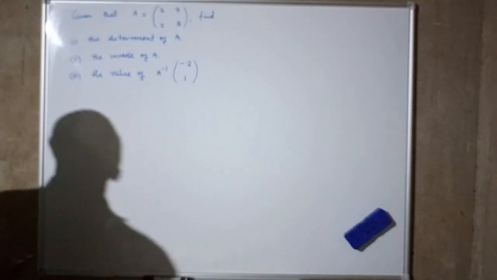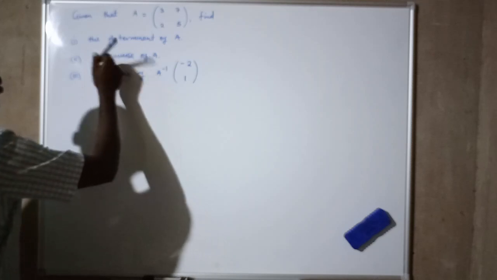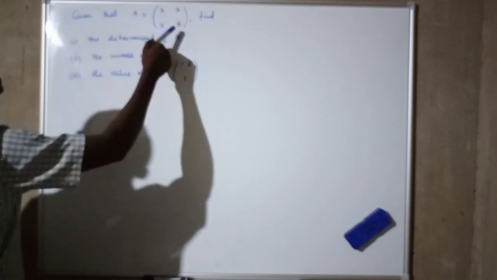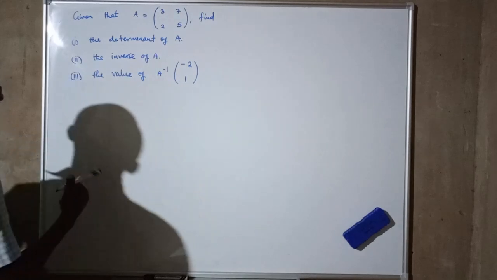So this is example 2. We are told, given that A is this matrix, find the inverse.